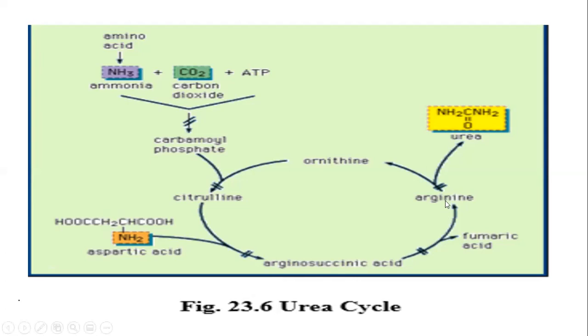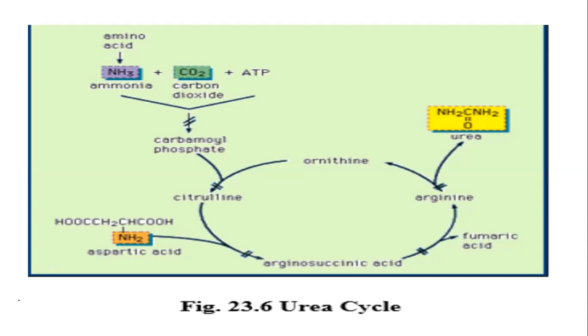Then there is formation of urea from arginine. It is the last reaction of the urea cycle, which generates ornithine from arginine for its re-entry into the cycle. Urea is synthesized in the process from the hydrolytic cleavage of the guanidino group of arginine by arginase.